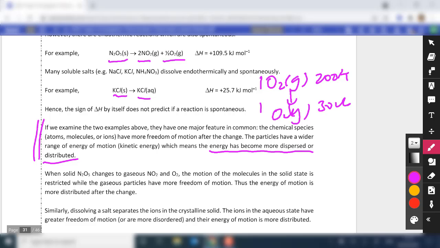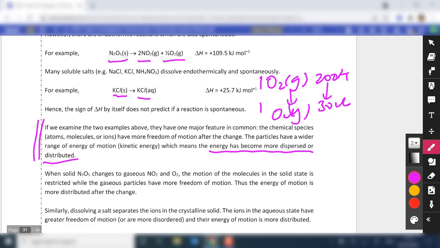Why is that the case? Because as we increase the temperature from 200 to 300, the system becomes more energetic. As the system becomes more energetic, we realize under the Maxwell-Boltzmann distribution curve that it broadens.